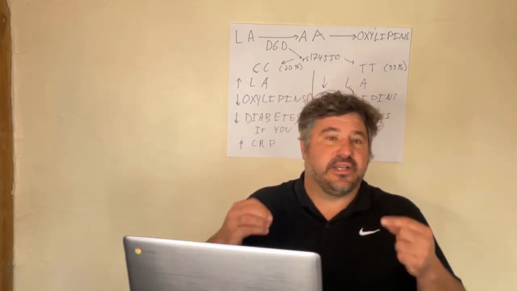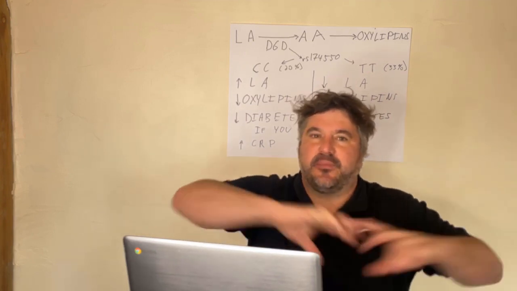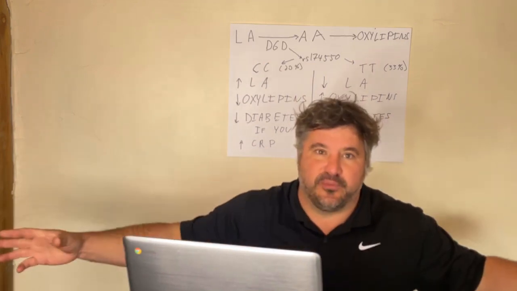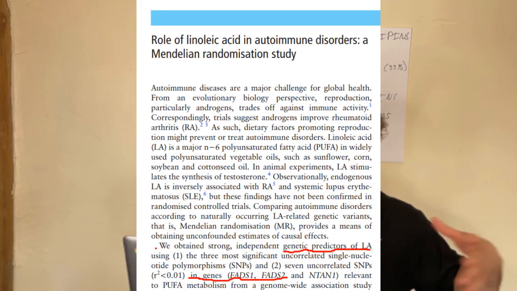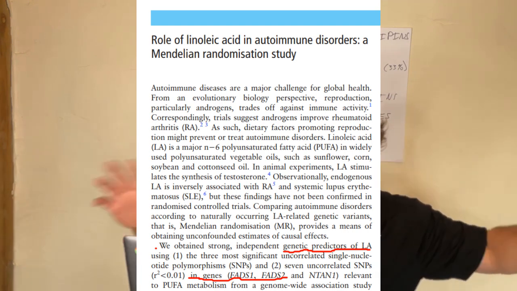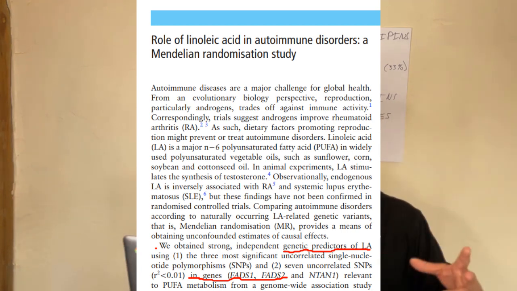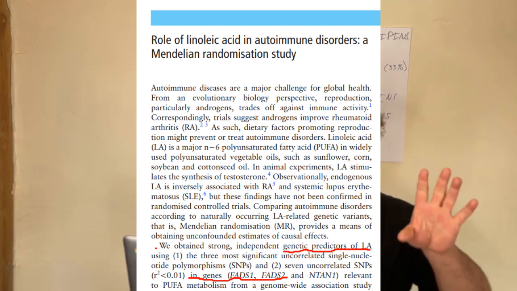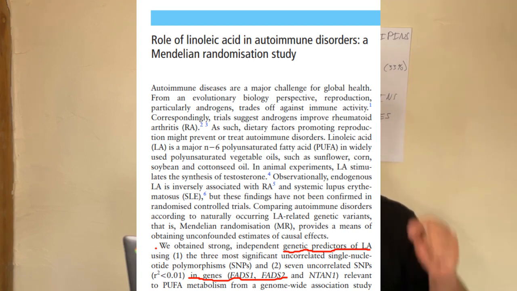And this Mendelian randomization study showed that on a population level, when you look at a whole bunch of people, on average in a given area, they usually all eat about the same. And so you don't see huge variations in diet typically if you measure enough people. And so in that context, the amount of circulating linoleic acid is largely determined by the enzyme D6D, delta-6 desaturase.